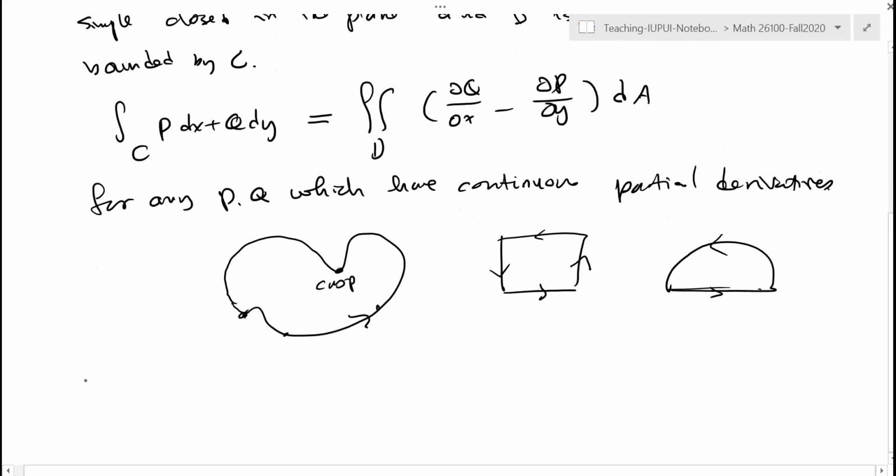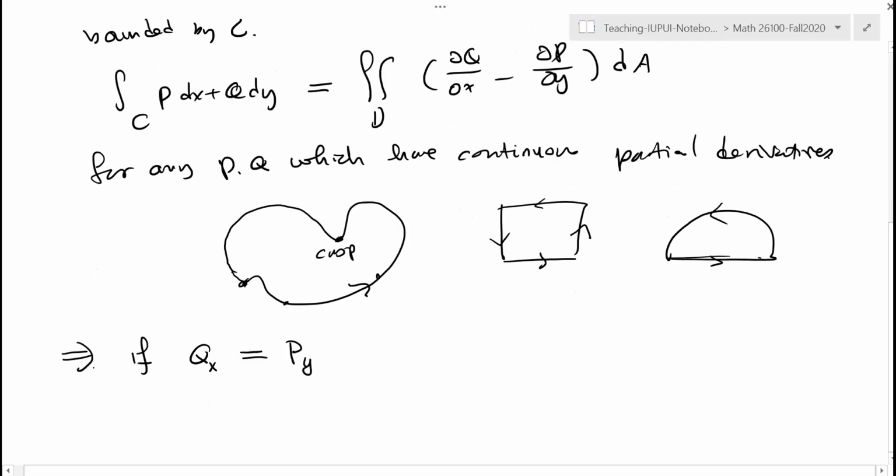In English, corollary means it follows from the theorem. If the partial derivative of Q with respect to x equals the partial derivative of P with respect to y, remember this condition is a necessary condition for the vector field to be conservative, and when the domain is simply connected, it is also a sufficient condition for the vector field to be conservative.